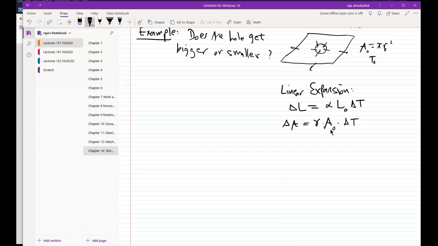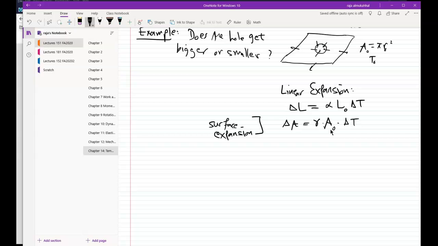So this is for surface expansion. And delta T, of course, is the difference in temperatures. A naught is the area of the surface, the original at T naught. And then gamma here is the coefficient of surface expansion.